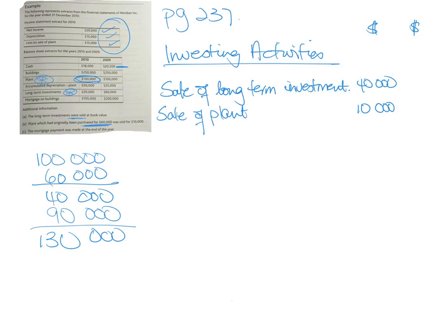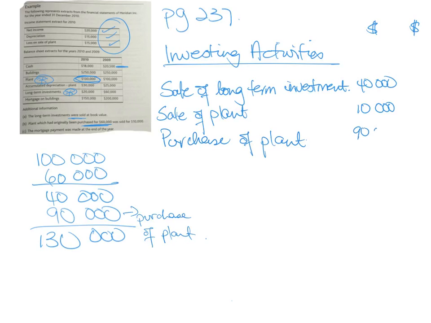And where would this 90,000 have come from? This 90 would happen because the company clearly purchased more equipment, more plant, right? So under the investing section, we'll have purchase of plant, and it will be 90,000. And it will be negative because it will be an outflow of money.